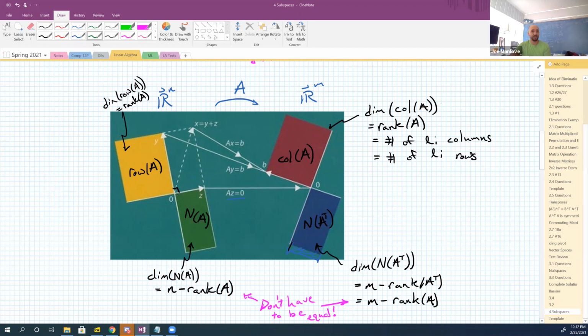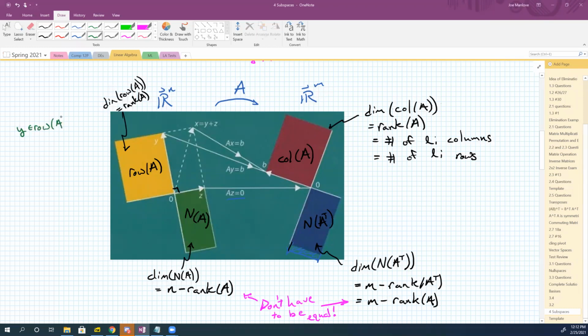Y is this arrow here, right? You guys see that? So Y is in the row space. You guys hear me? Yeah. Where does Z live? So Z is this arrow here. Null space.